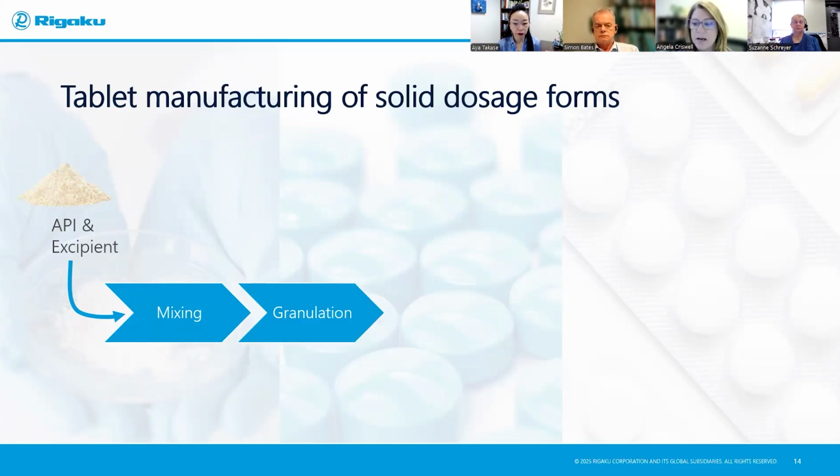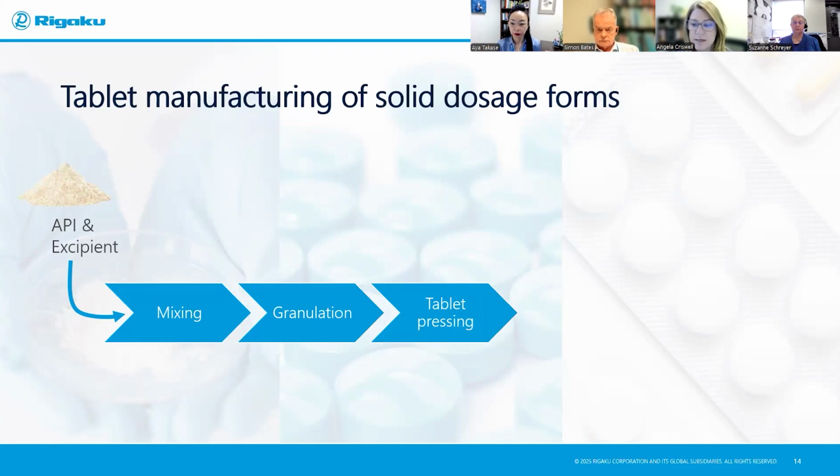Next comes granulation, and this is a process that can be done either wet or dry, you may have heard. The goal here is to create granules that contain both the API and the excipient, and CT is used to characterize granule shape and size. Those properties are important because they affect the flow properties of the mixture and can inform us whether or not the powder can be pressed into tablets without issues.